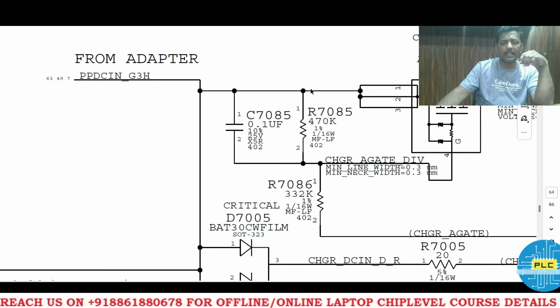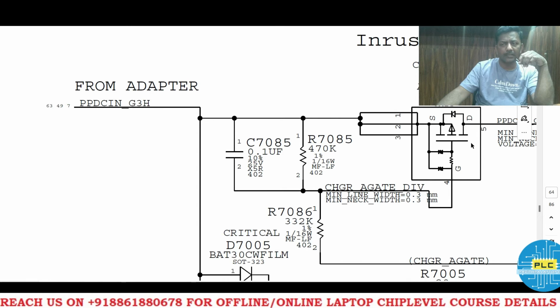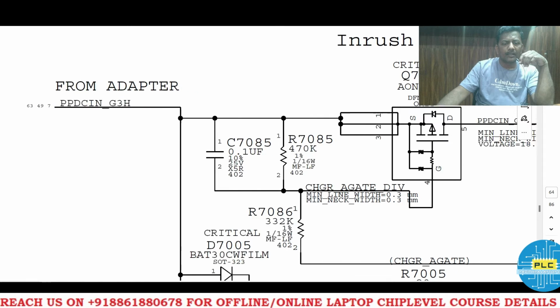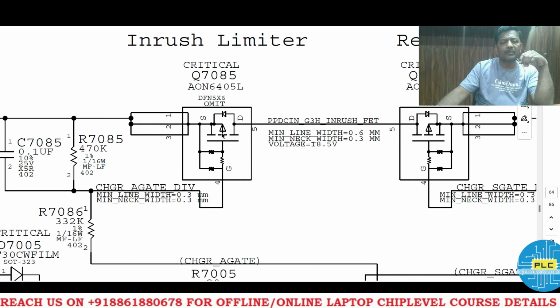As well as it has gone to this particular MOSFET. Which MOSFET is it? Arrow mark up. Here the source is opposite to this particular V in. If the source is opposite to this diode, then what we call it is a P channel, right?